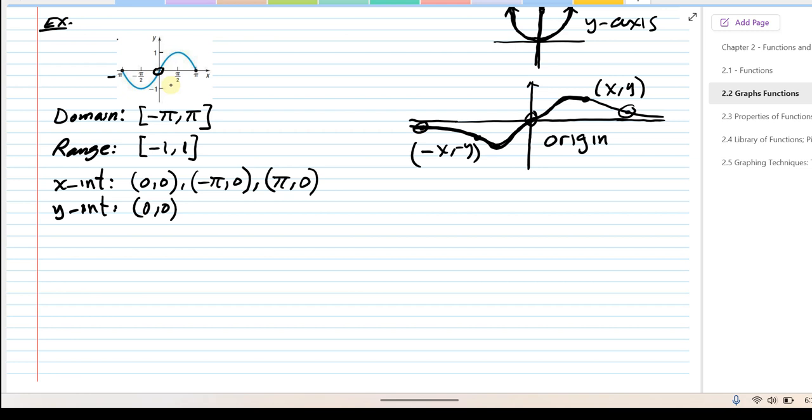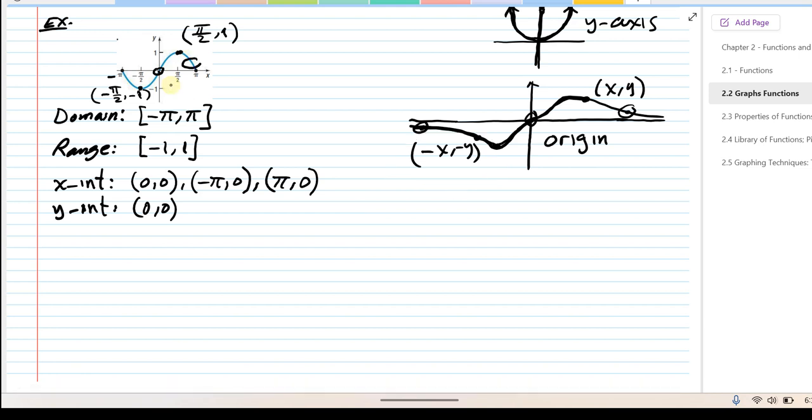Now, look at this one. Let's say a point here. This point has coordinates pi over 2 and 1. And this point, which is like a mirror image with respect to the origin, is going to have negative pi over 2 for the x and negative 1 for the y. You see that? That's exactly what I have here. If a point (x, y) is there, so is (-x, -y).